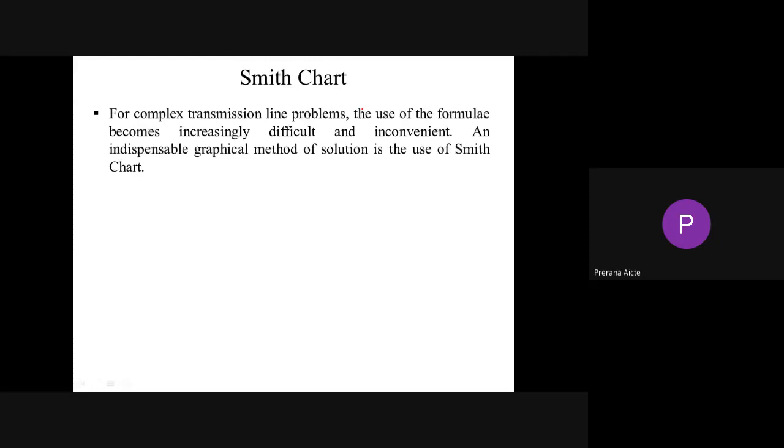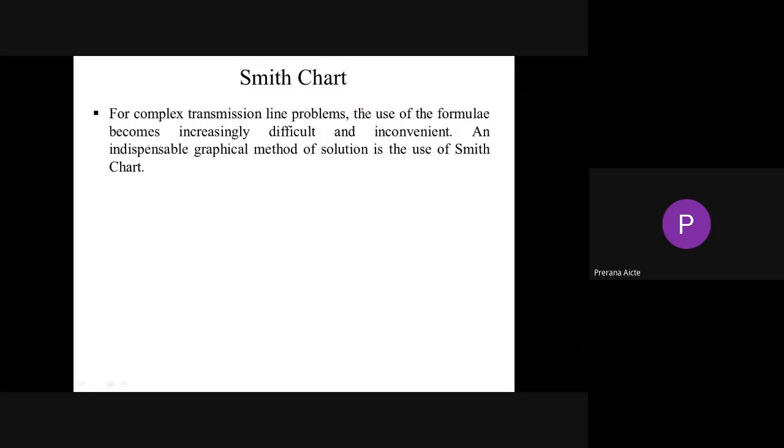So the Smith charts are used to find the transmission line parameters graphically. Now, in the Smith chart, we find the load impedance, Z naught value for series stubs or parallel stubs, and find the VSWR. Once VSWR is known, then we find the reflection coefficient. So you have to find these based on the Smith chart. Now, plotting a complex impedance on a Smith chart.